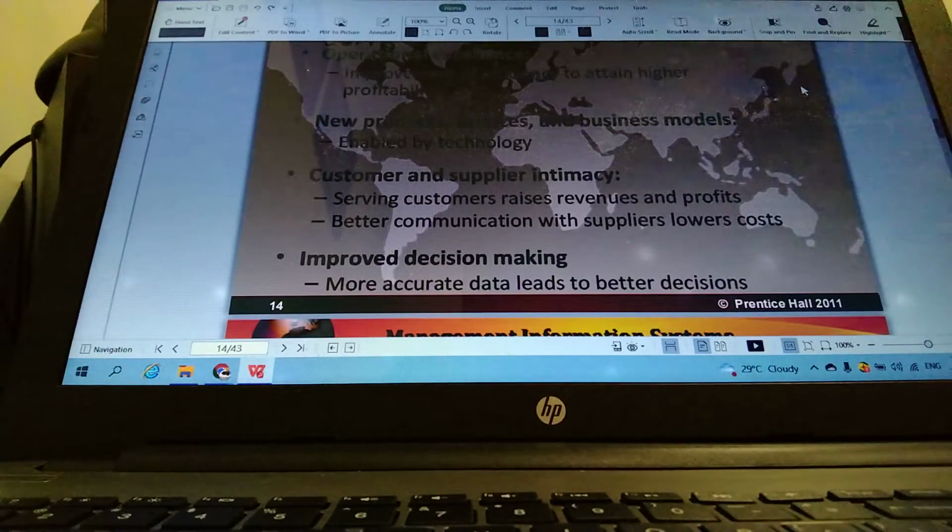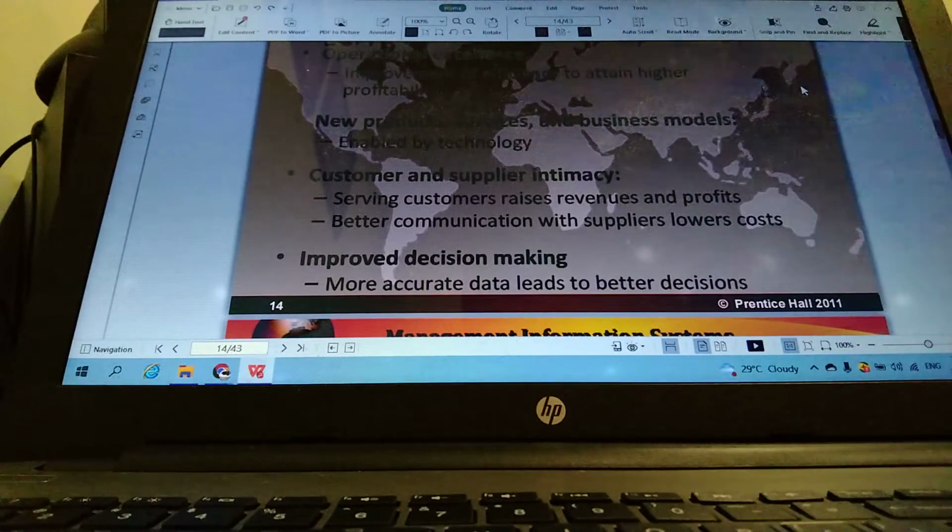So with that, we have seen four big areas, very high level strategies, of how IT systems bring high-end value to companies or to business today: in terms of operational excellence, in terms of generating new products, new services, and new business models, or what we call paradigm shift.